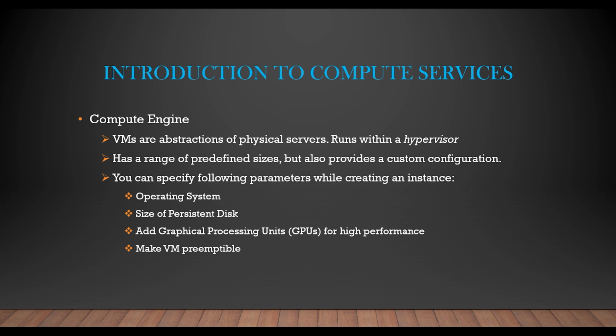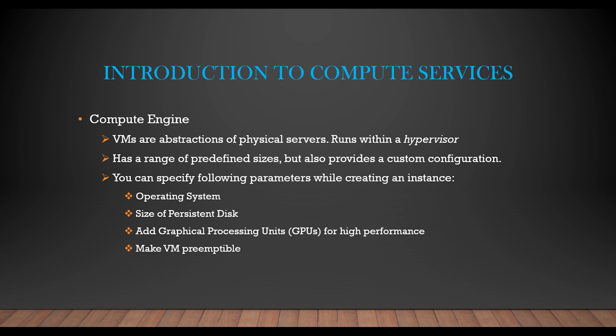When you create an instance, you have to specify a number of parameters, including the operating system, the size of the persistent disk, and whether you want to add a graphical processing unit, or GPU, for intensive compute operations, for example, machine learning.